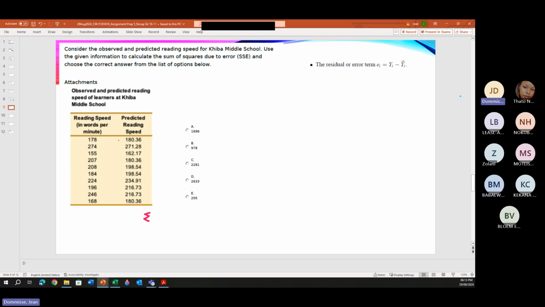So you could have done this by saying 178 minus 180.36. What we will need to add here is to the power of 2.